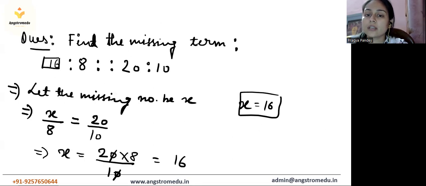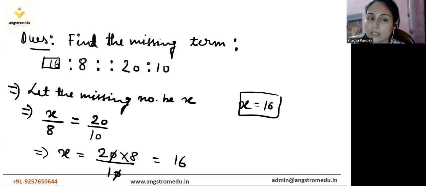After that, we studied how to find the missing number in a proportion. In proportion, there is one rule: the ratio of the first and second must be equal to the ratio of the third and fourth. Using the same rule, it was given that x is to 8 is in proportion to 20 is to 10. We wrote it in terms of fractions, sent the 8 to the other side, cross multiplied, and got the value for x.